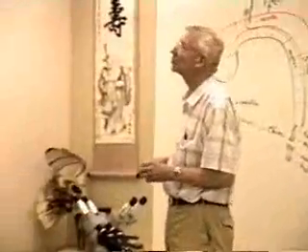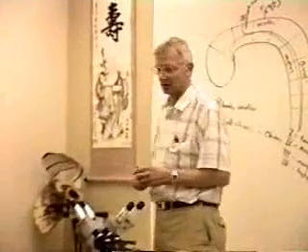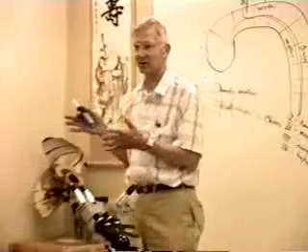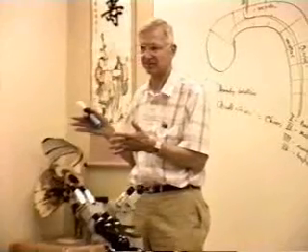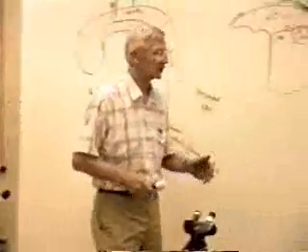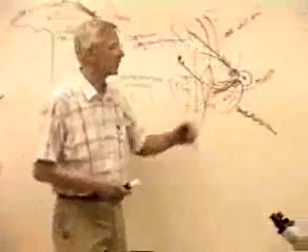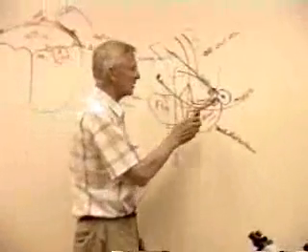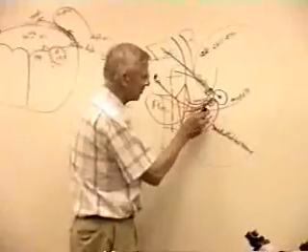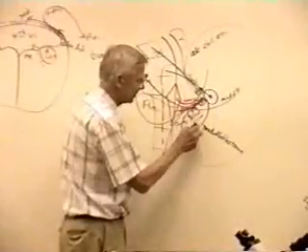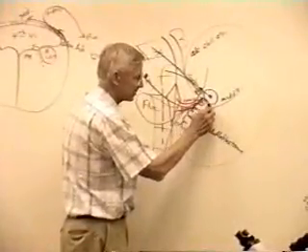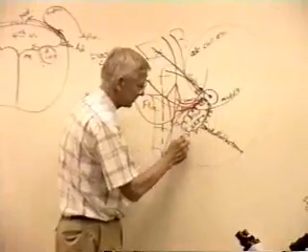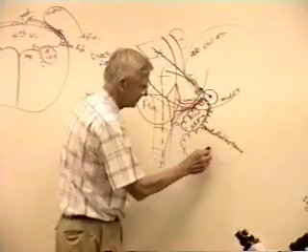But then, a couple of decades ago, Breitenberg said, that's not exactly the way it looks. Because when you look at a cut section of the cerebellum, you realize that there are a large number of these folia. The nodulus turns around and comes back. There's the next lobule.